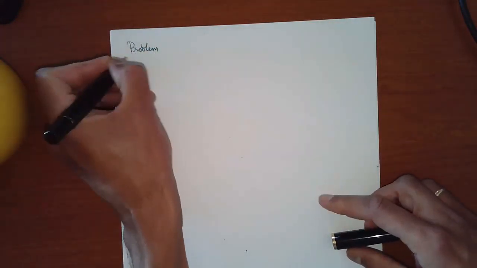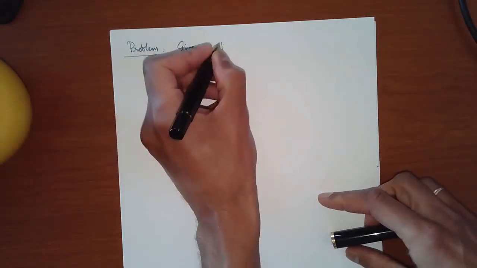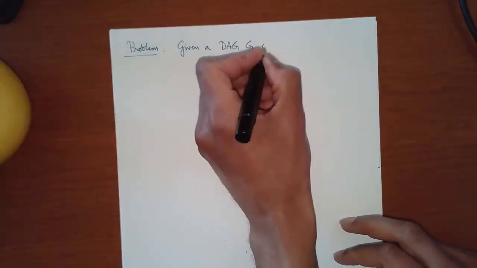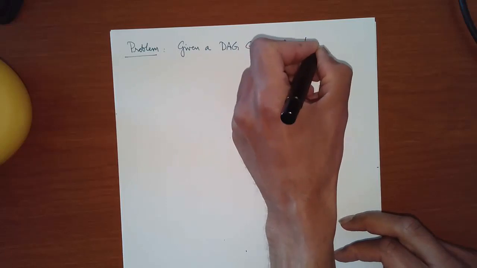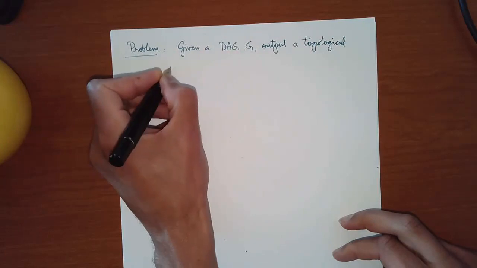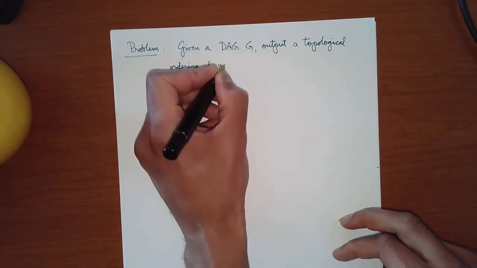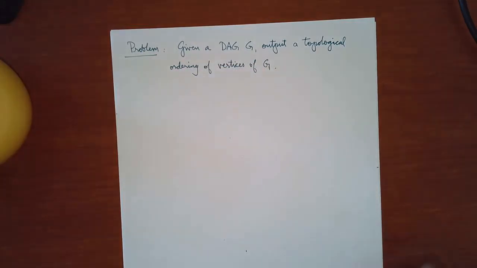The problem is: given a DAG G, output a topological ordering of the vertices of G. Okay, is this clear?